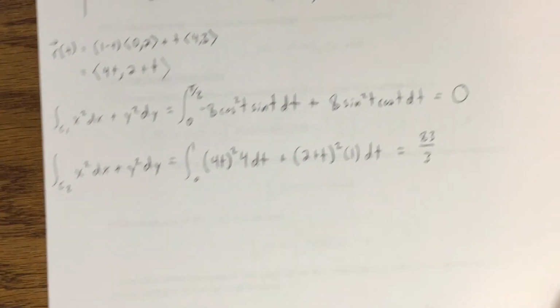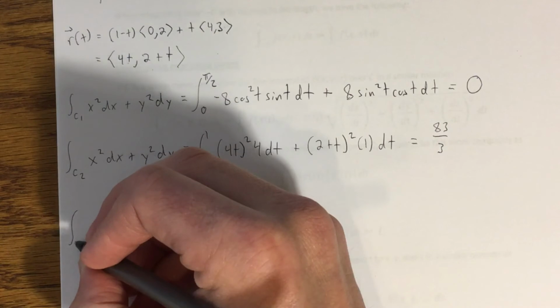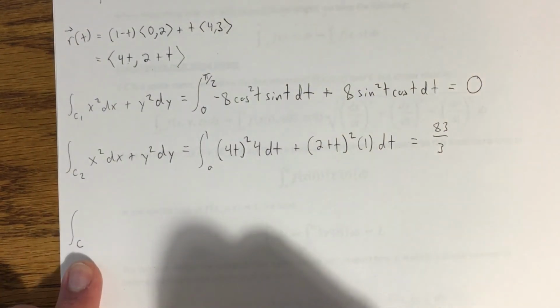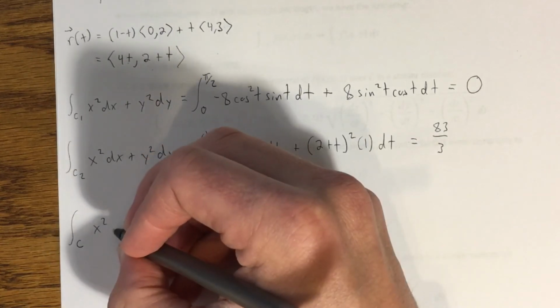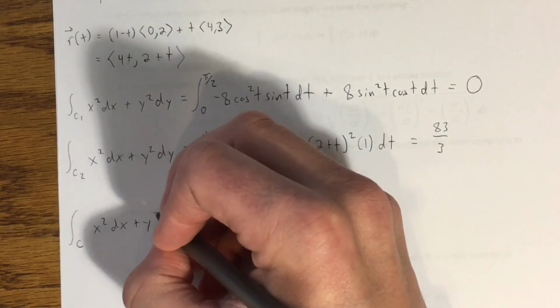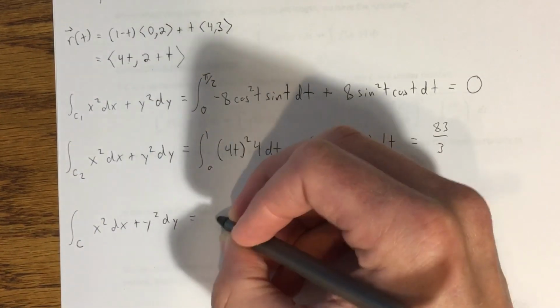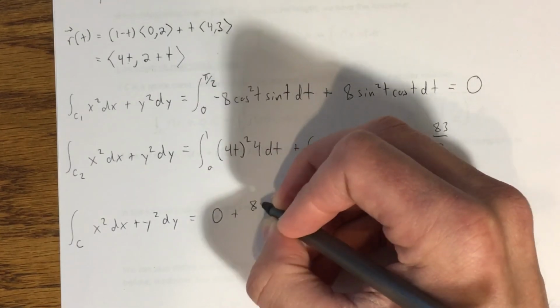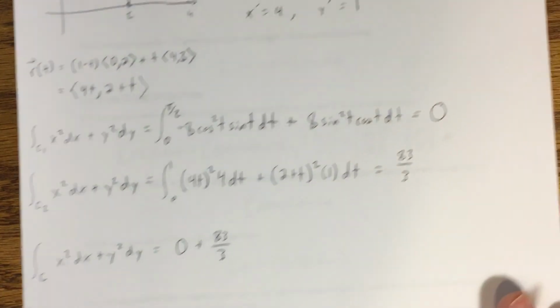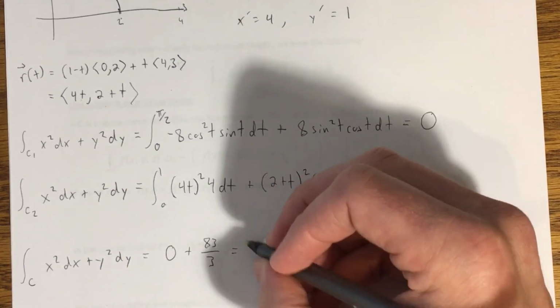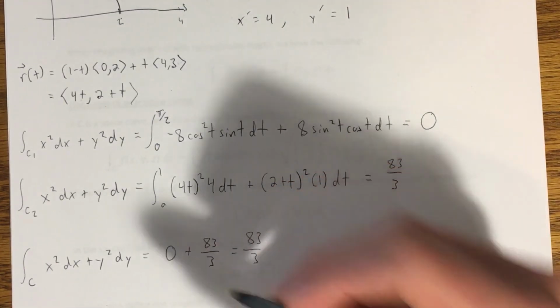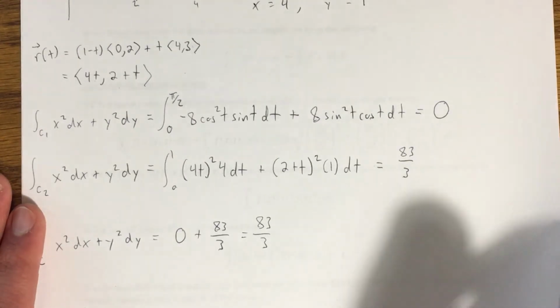So what this means is that our final answer, the integral over C of x squared dx plus y squared dy, is going to equal 0 plus 83 thirds. It's the sum of the two pieces that we just found. This becomes 83 thirds. Okay, that's it for that.